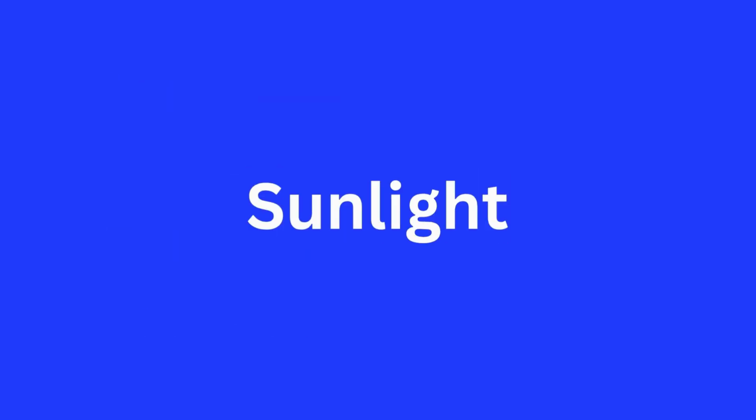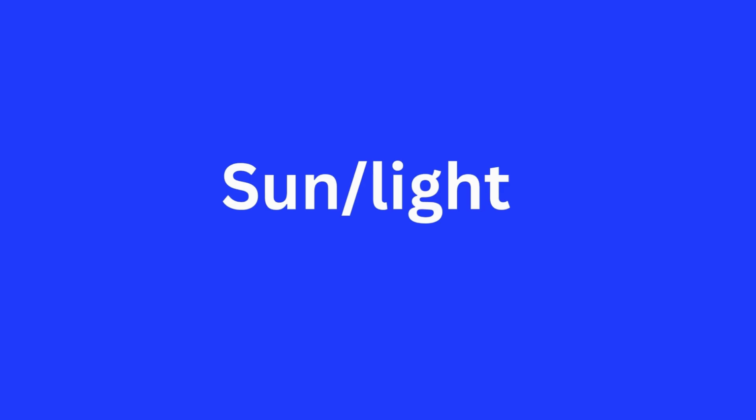In the word sunlight, we have two smaller words, sun and light. So we divide the word like this, sun-light. In classroom, the two smaller words are class and room. So we split it this way, class-room. In rainbow, we have rain and bow.